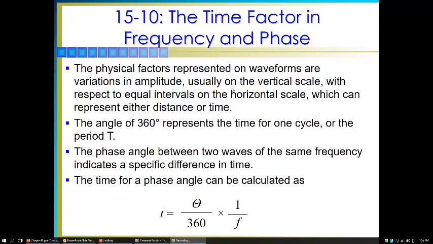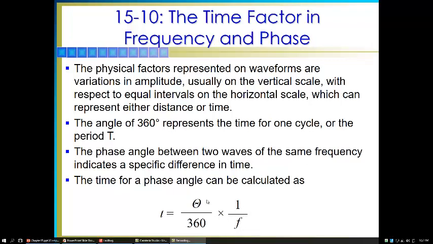Basically, the way we calculate the time factor is by calculating the fraction of the whole cycle that is represented by that phase angle, and then multiplying that times the period. Remember that the period is equal to 1 over the frequency. This can be replaced by T if we know the period of the wave, but if we know the frequency, then we say it's 1 over the frequency, which is the same thing as the period.